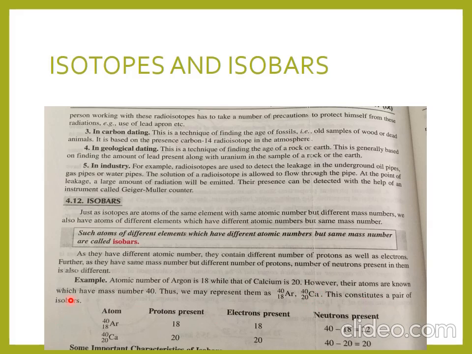Isobars means the atoms which have different atomic numbers, but the mass number, the upper one, is the same. In isotopes, the atomic number is the same and the mass number is different. Isotopes generally arise due to a difference in the number of neutrons, whereas isobars contain different numbers of protons as well as electrons.